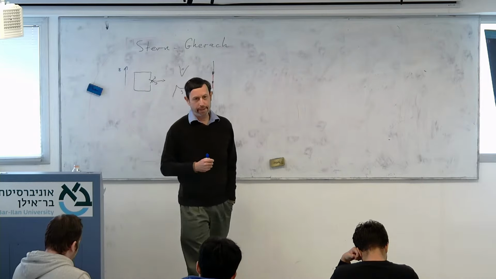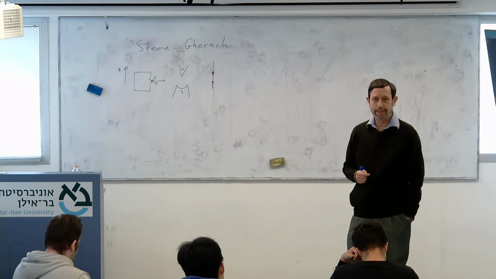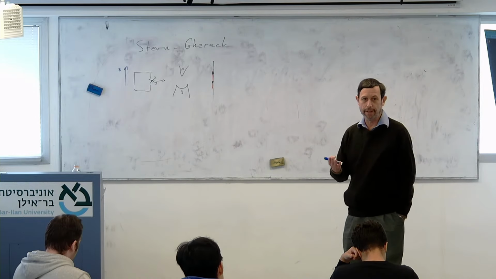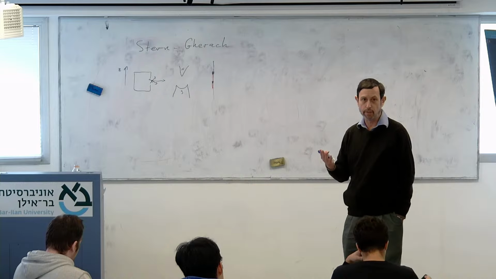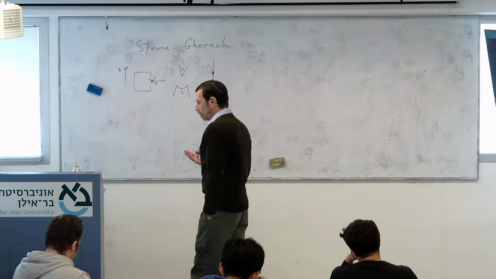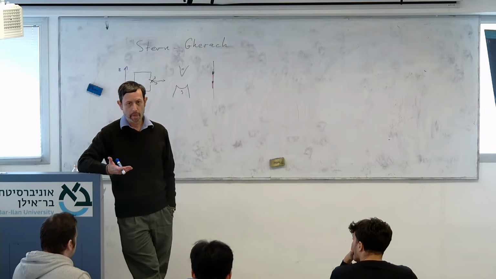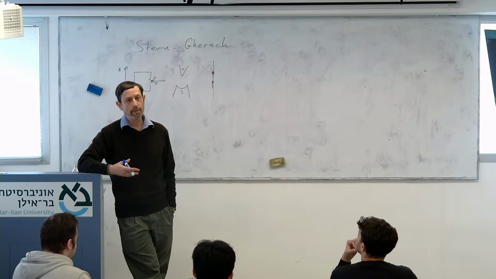Why is it called spin? Because in the old days, they knew that an electron has this magnetic moment, and now, how could an electron have a magnetic moment? Someone has an idea? What creates a magnetic field?